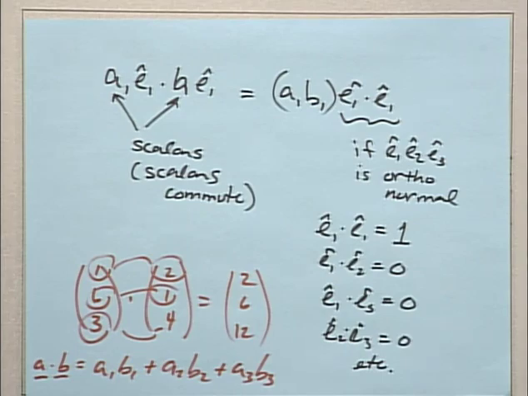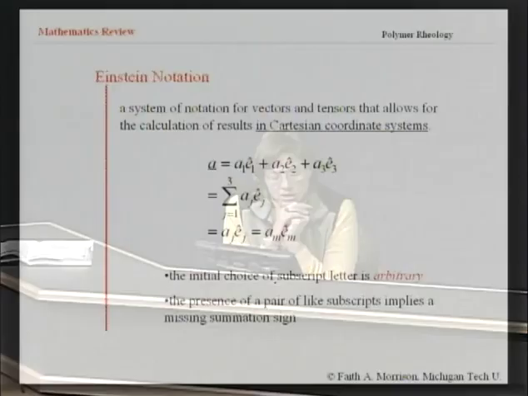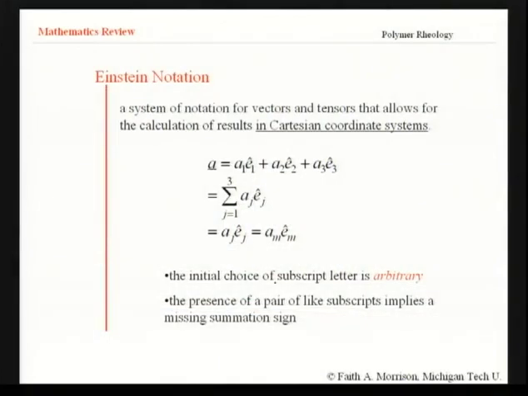In order to simplify the operations that we do with the more complex systems, we're going to introduce a notation called Einstein notation, which is a system of notation that only works for Cartesian coordinates. It works for coordinates that are orthonormal and constant. So Cartesian coordinates are orthonormal and constant.